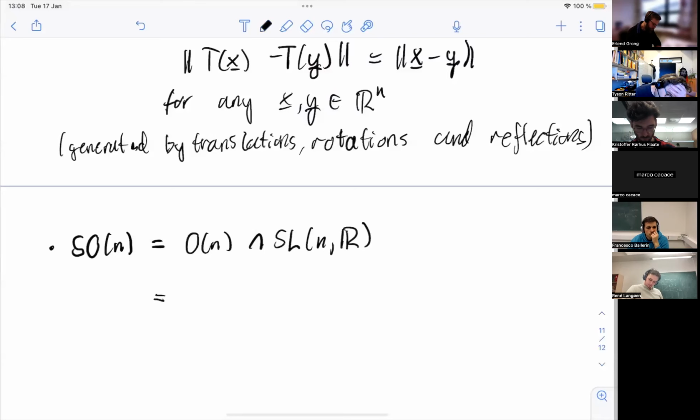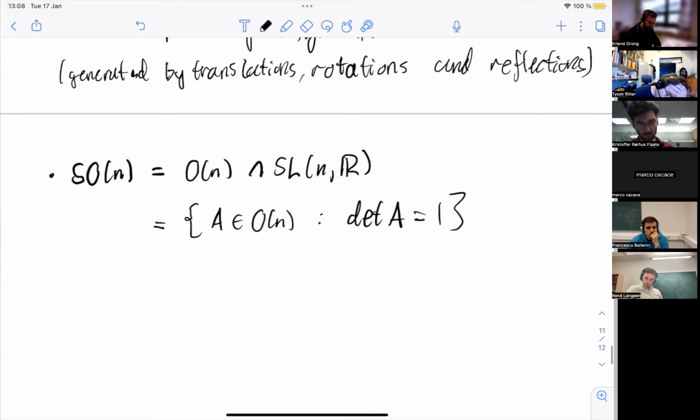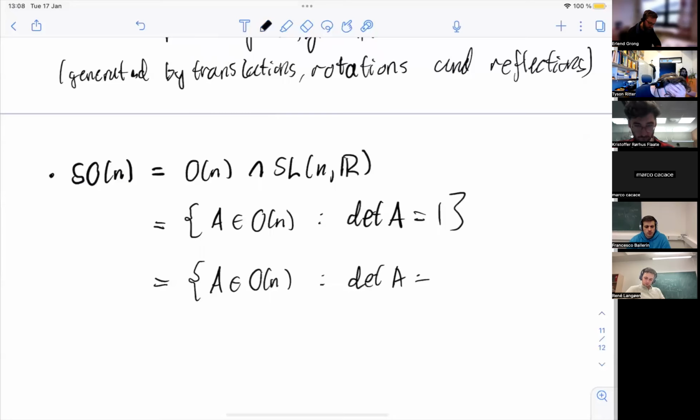So in other words, it's all matrices that are orthogonal, but with determinant 1. However, you can also write it the following way: the ones where the determinant is not -1.